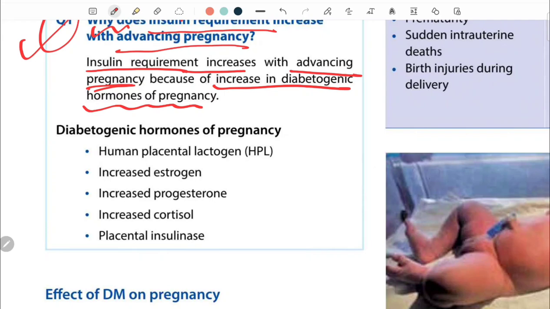Because of this, as the pregnancy advances, the insulin requirement also increases.